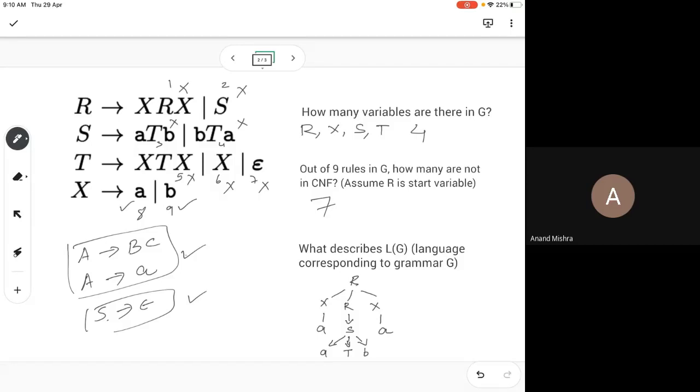That means this is not a palindrome. So this is actually all the things which are not palindromes, so I can say the language is the palindrome complement. Everything which is not a palindrome. Is that clear? Many of you made a mistake here.